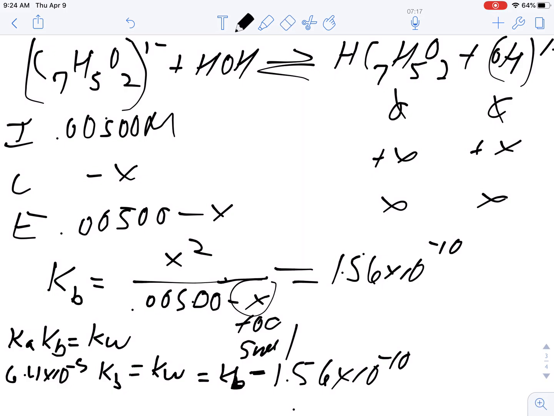So I'm going to solve for X, and X will give me the concentration of OH.